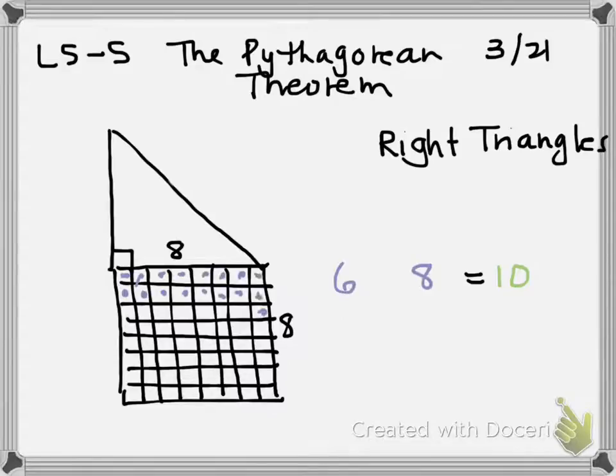You can do a symbol in there if you want to, like a diagonal, a plus, or an X. Then off the other side, we said this measured 6, so we'll make this a 6 by 6 square.